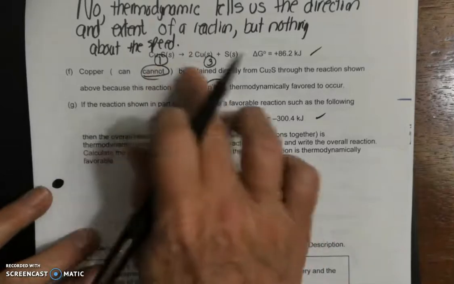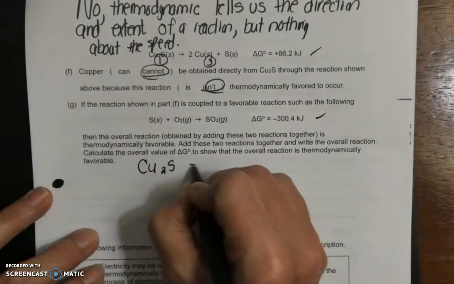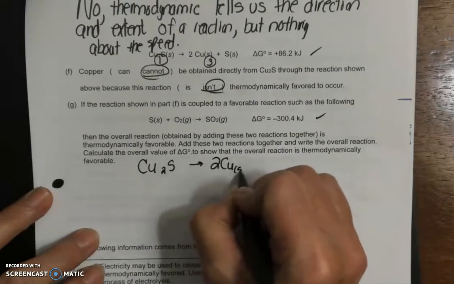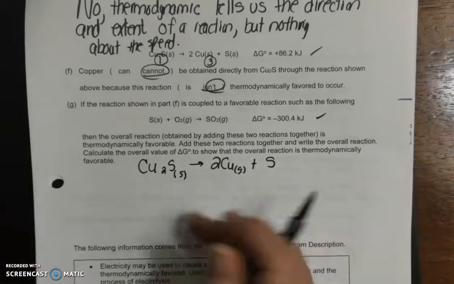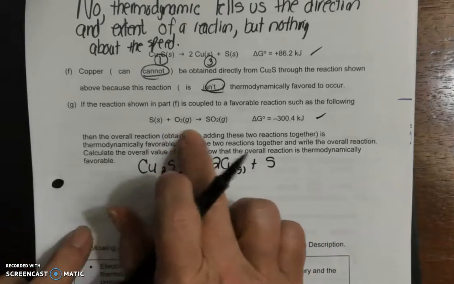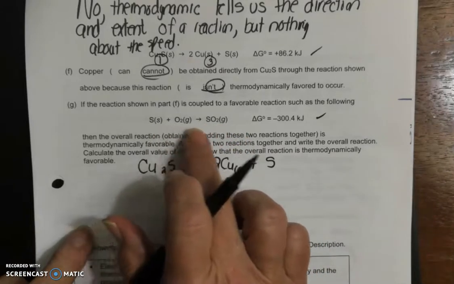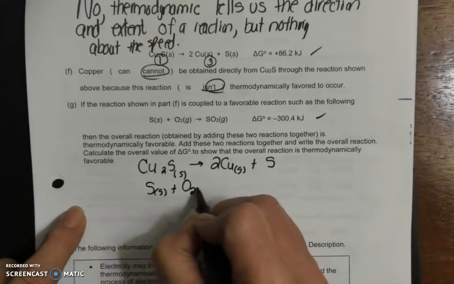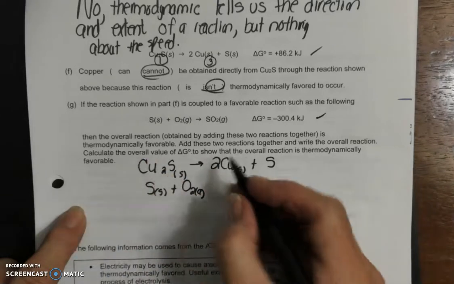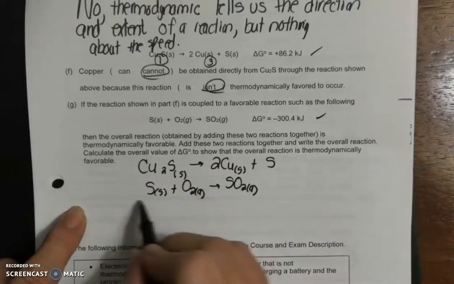So what I'm going to do is rewrite this equation here. Copper sulfide goes to copper. I'm going to put the states because they are important with these. Now, in order to use this reaction, I'm going to leave it as it is. I'm going to say sulfur plus O2 gas, because it's on there, gives SO2 gas.